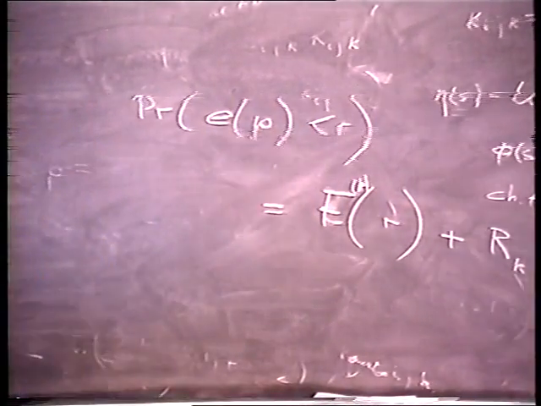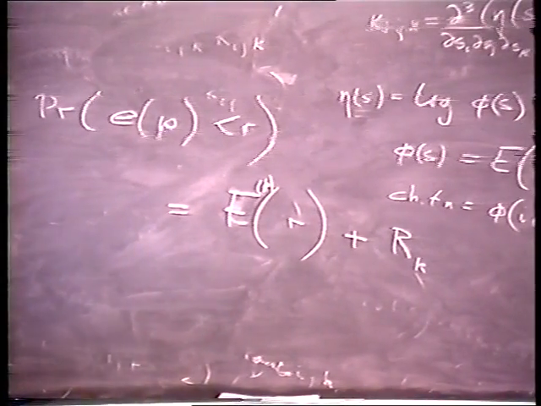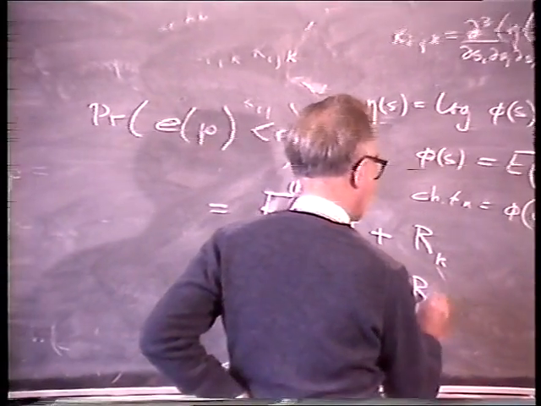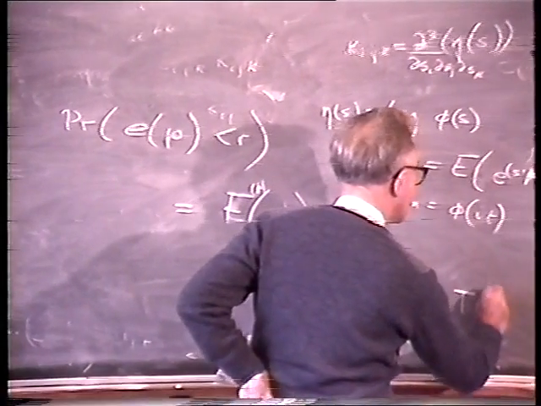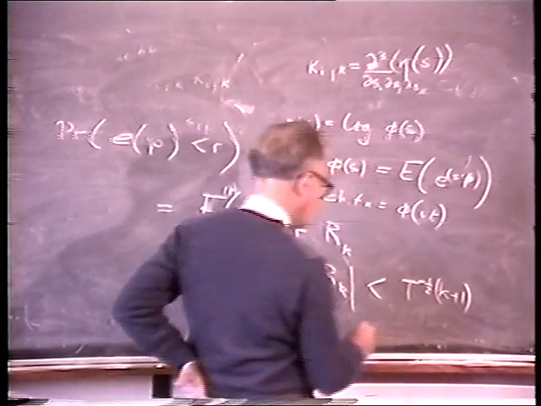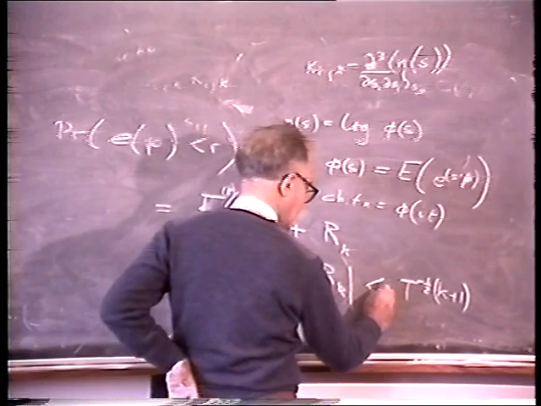Well, now what you can say is that for any finite little r, you can find Rk and prove that Rk is less than, say, t to the minus half k plus 1. But then you have some constant in here, little c.